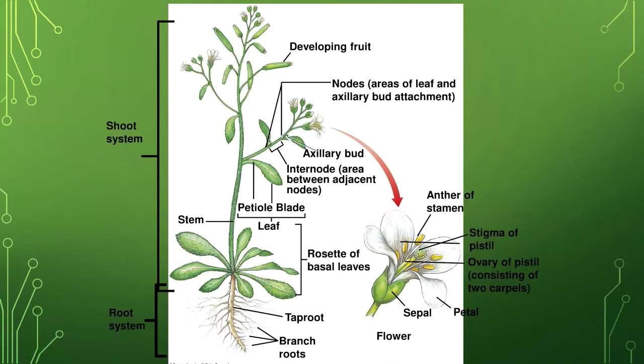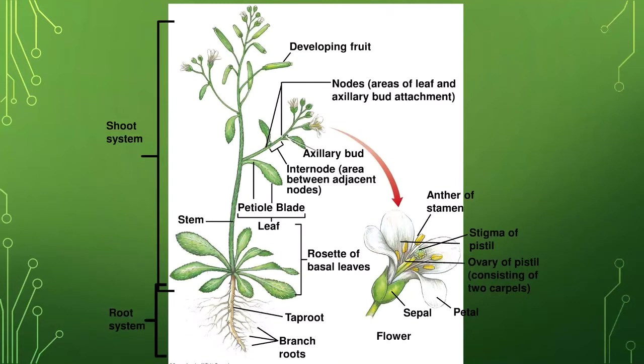Right? So that's the shoot portion of the plant. Below ground is the root system, and the roots branch extensively through the soil, and they can anchor the plant firmly in place, and they also absorb water and dissolved minerals that are in the soil.